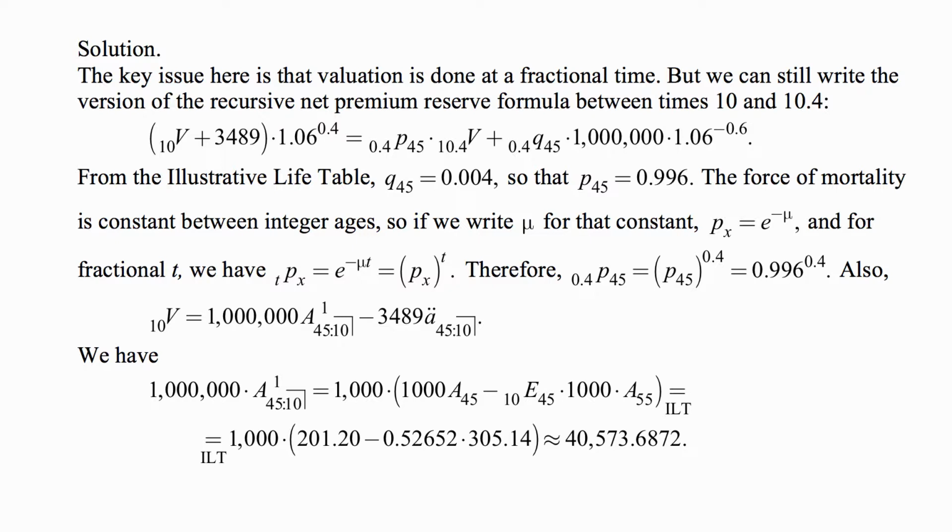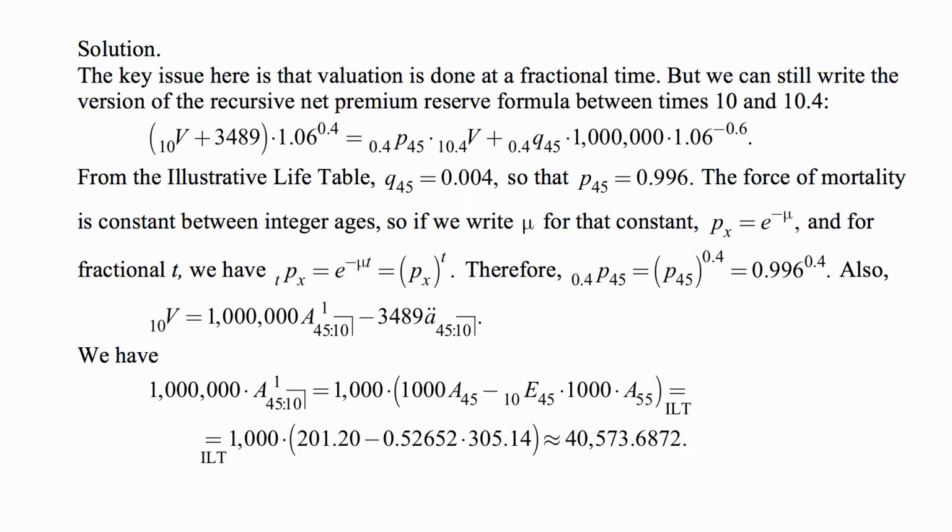Also, the reserve at time 10 is the actuarial present value of future benefits, and future benefits are paid over the remaining 10 years. It's the actuarial present value of term insurance for those 10 years on a 45-year-old, minus the actuarial present value of future premiums, which is 3489 times a double dot 45 colon angle 10, because the premiums will be paid as long as this 45-year-old is alive, but only for up to 10 years.